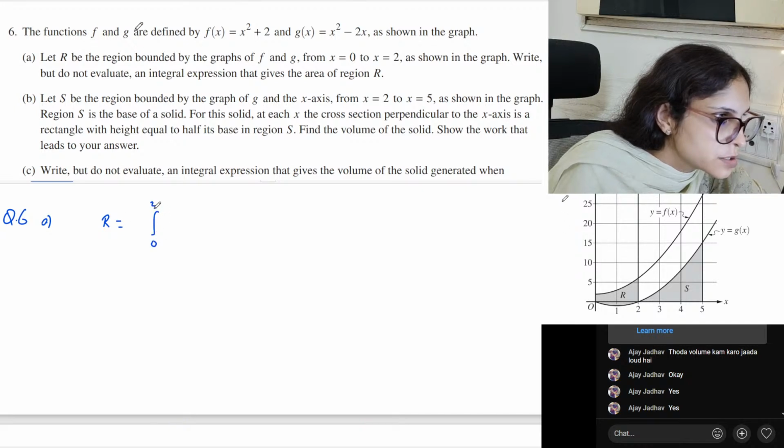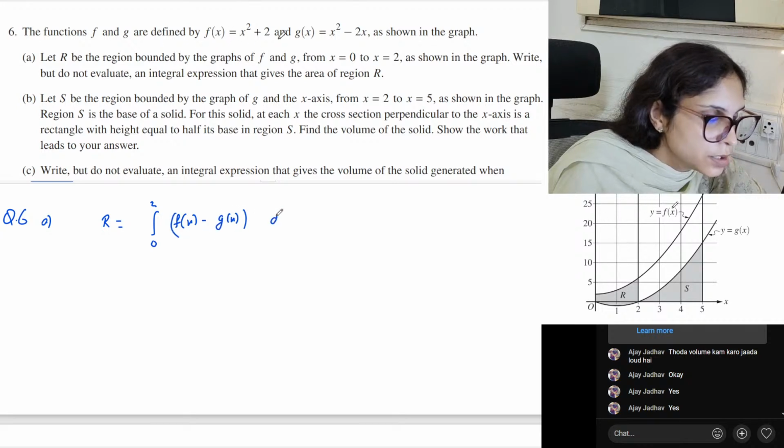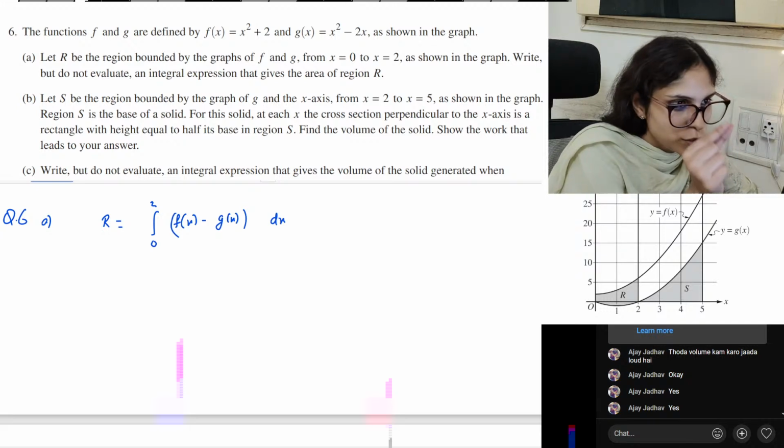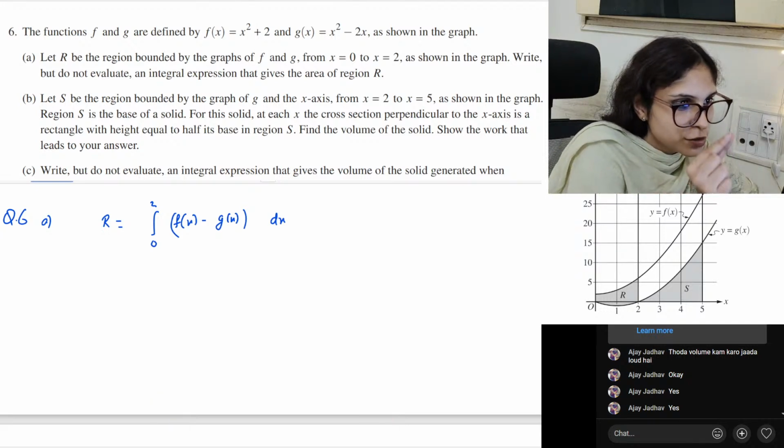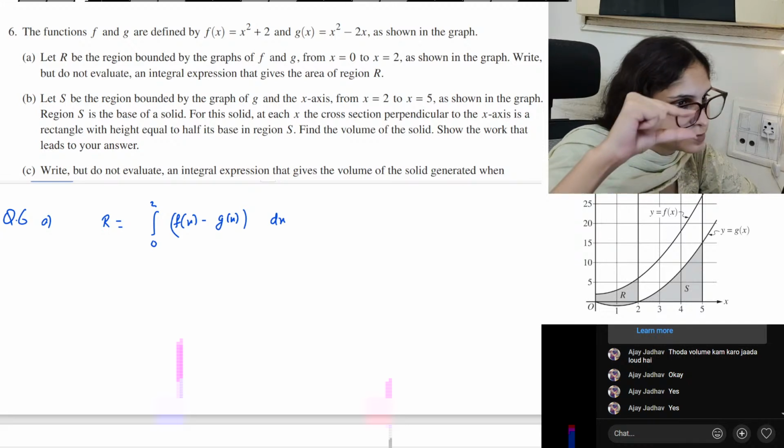So you're going from x is equal to 0 to 2, f of x minus g of x dx. Why are we saying that? Because you can see we are taking small intervals of dx. So the width is dx, but the height is going to be f of x minus g of x. Okay.